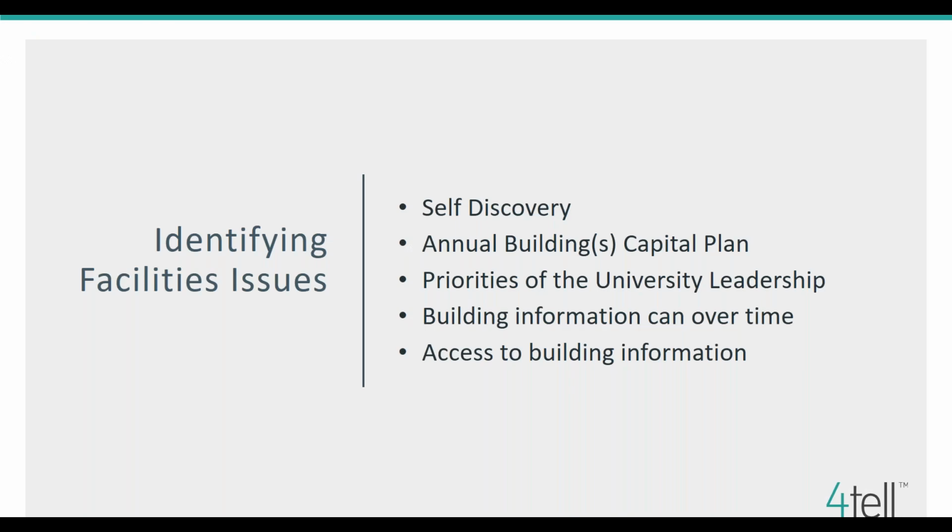One of the things that I think has been important in my time in higher education working for universities is talking about the different ways issues are identified. The key area typically is the one you're most familiar with, your building maintenance team, who's in the field all the time, looking at the buildings, maintaining things.